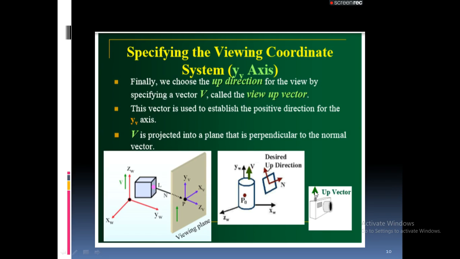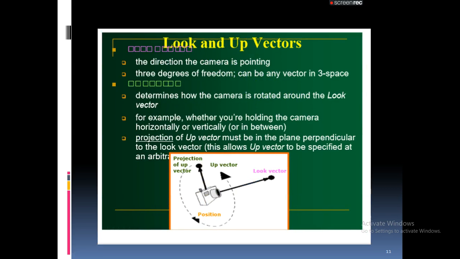This green color arrow indicates our YV axis. This vector is used to establish the positive direction for the YV axis. This view up vector, or look up vector, I will discuss in the last slide, right?